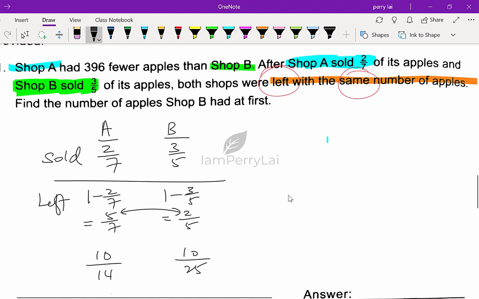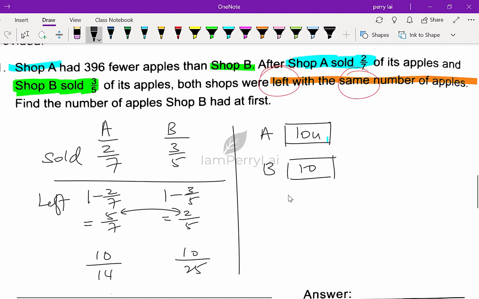Alright, so what we have is shop A, shop B. This is what's left. 10 out of 14 was what's left. And what's left is equal. 10 units is what is left, and they are equal.